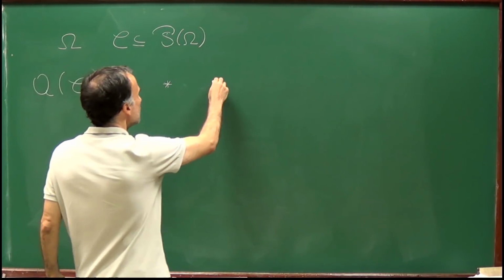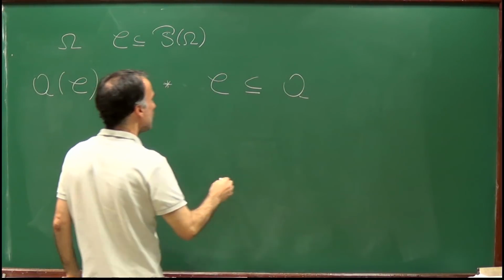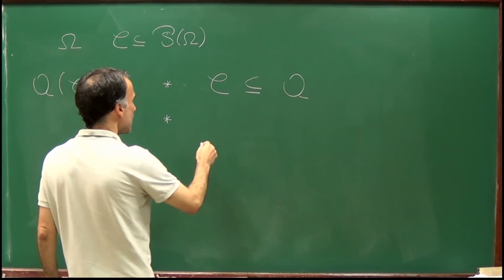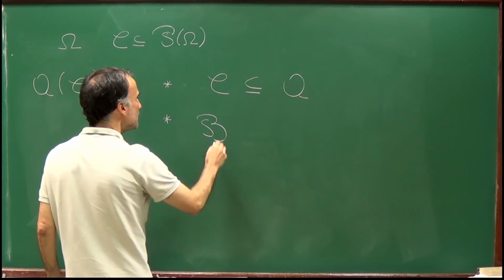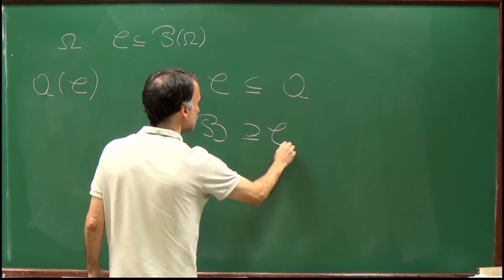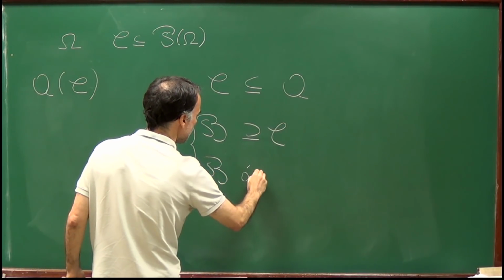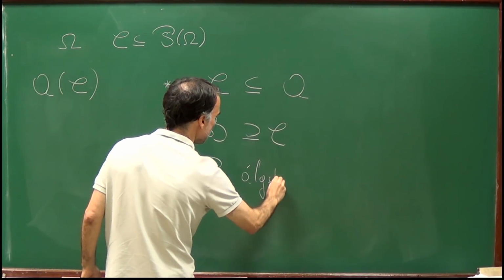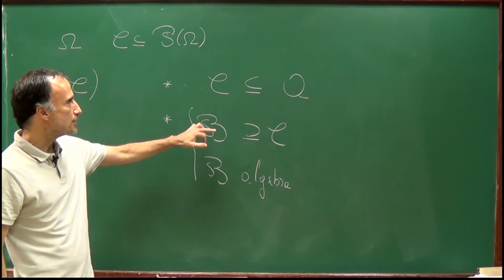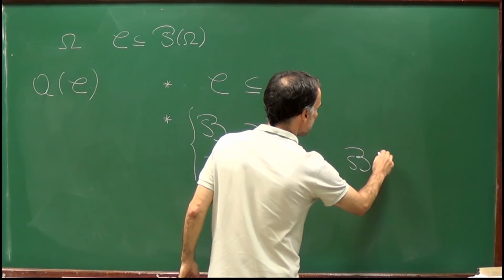The first one is that it contains C. And the second one is that if I take another algebra, say B, which contains C, so if B is an algebra and B contains C, then B contains A.